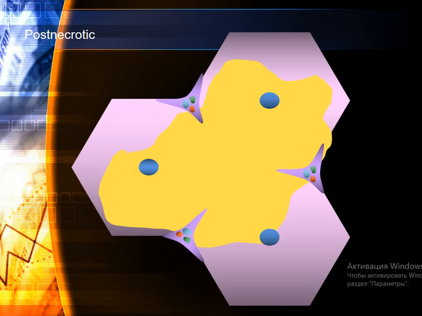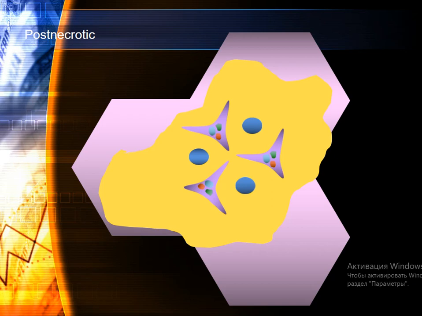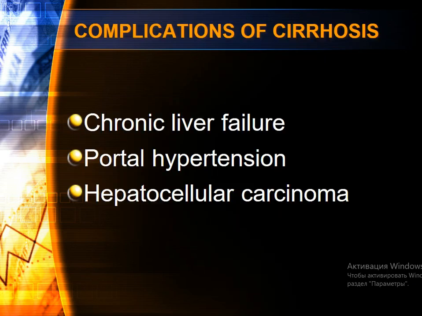So, there is an area of necrosis, and after resorption of necrotic tissue, we will see shrinkage of the portal tract, and one of the typical morphological signs of post-necrotic cirrhosis is the presence of more than 3 portal tracts in one field of view under the microscope.